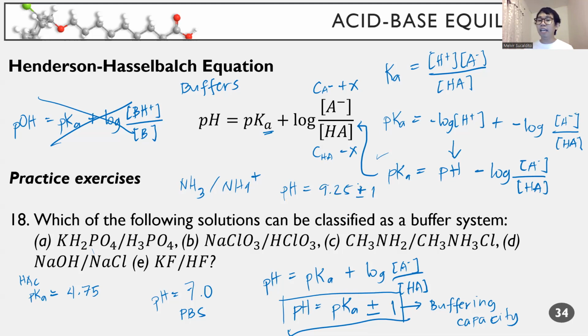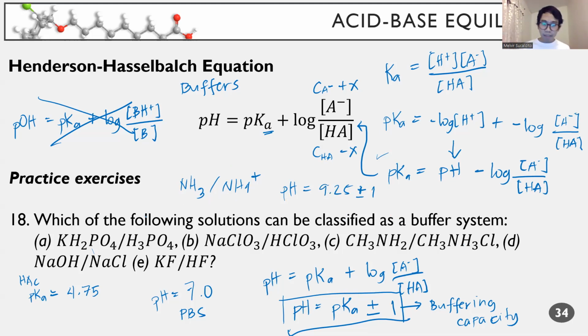Within this range, if you want to maintain the pH of your solution, you can use an ammonia-ammonium buffered system. Is that clear? Okay.